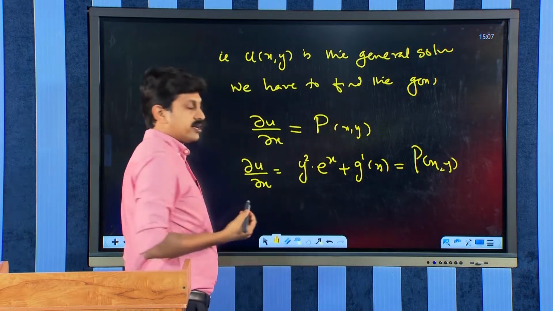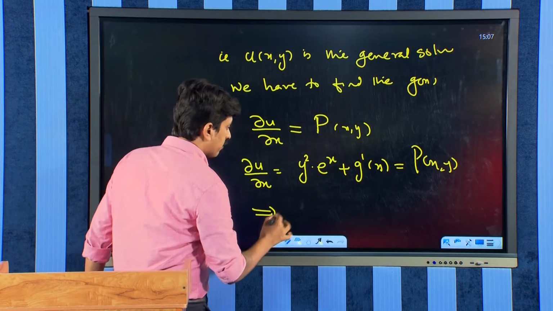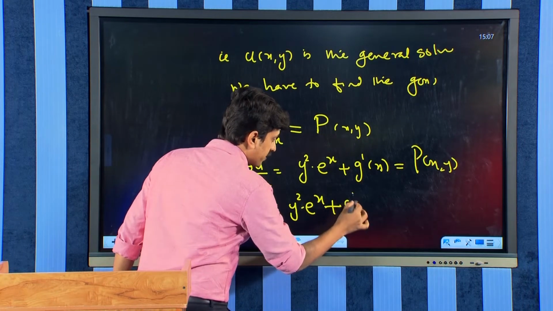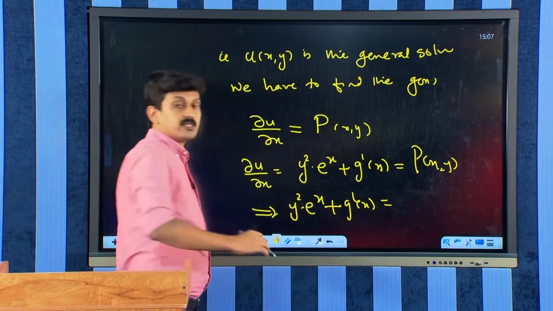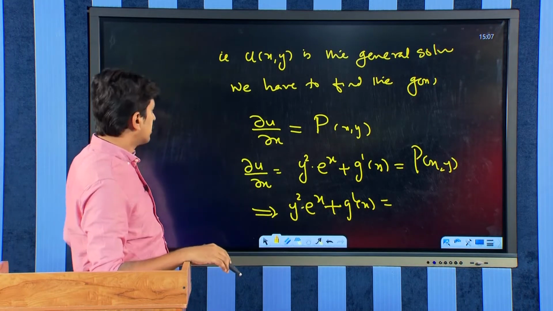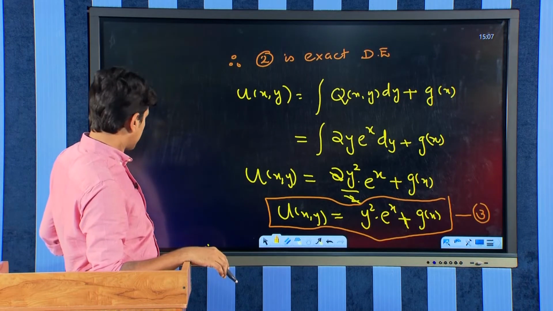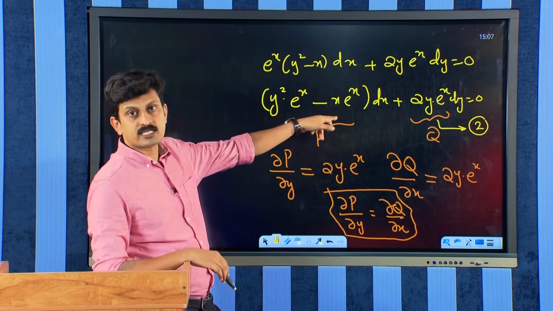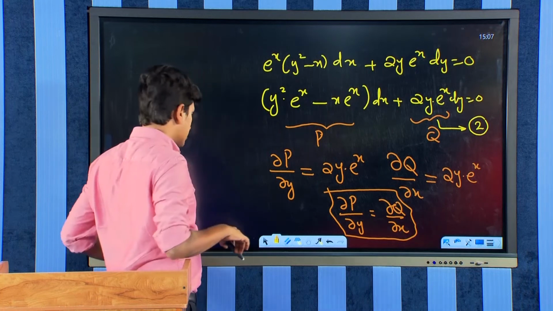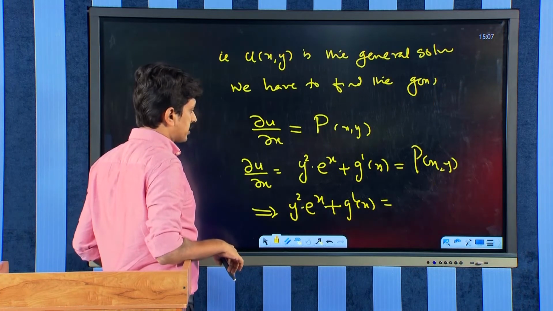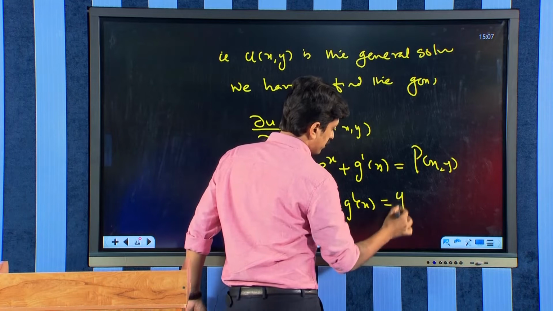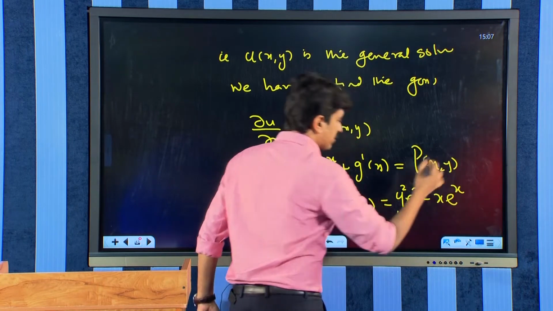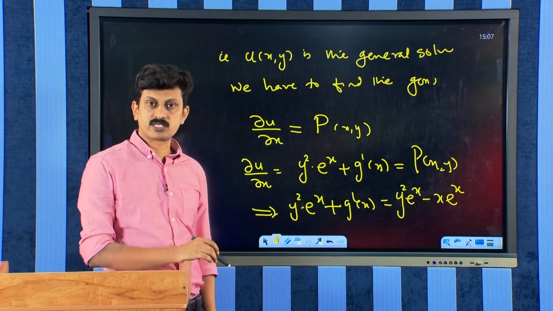So actually this implies y square e raised to x plus g dash of x is equal to p of x y, which is y square e raised to x minus x e raised to x.